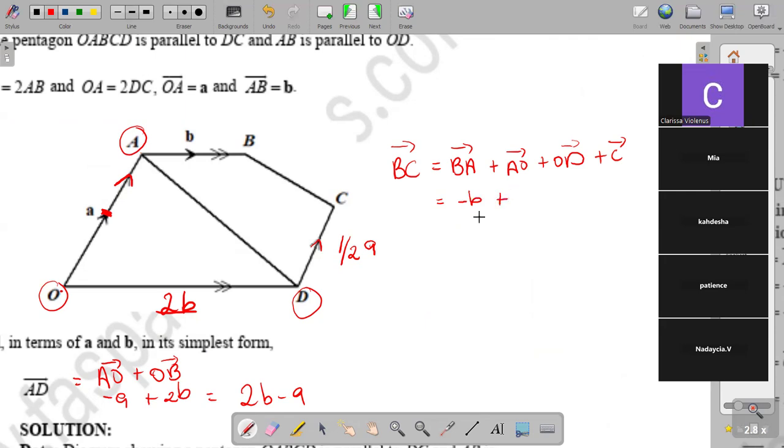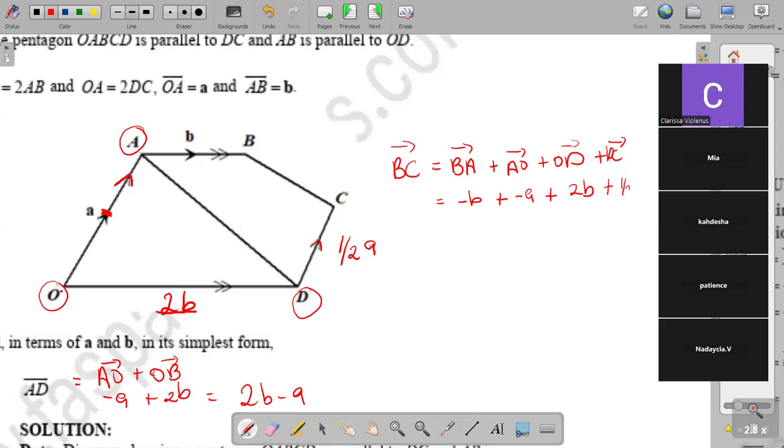Plus AO. What's AO? Negative A. Plus, what is OD? 2B. Plus, this is supposed to be DC, sorry.